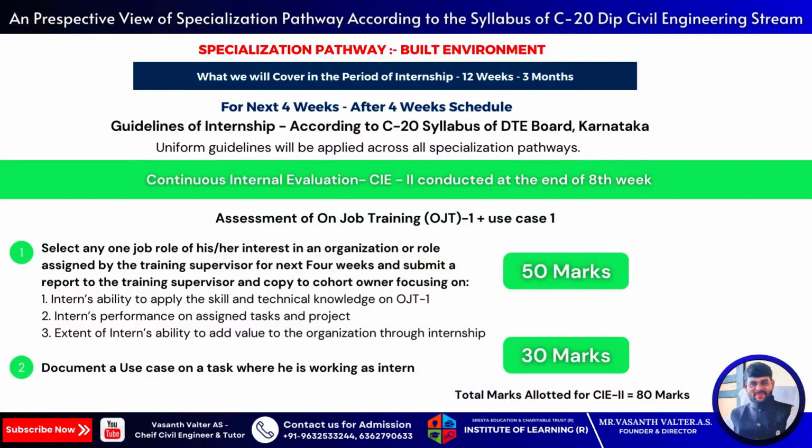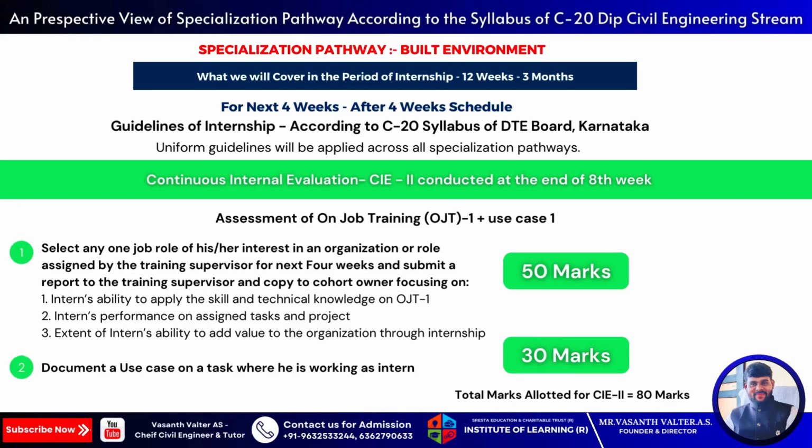case 1. The first point: select any job role of his or her interest in any organization, or a role assigned by the training supervisor for the next 4 weeks, and submit a report to the training supervisor with a copy to the cohort owner, focusing on first, the intern's ability to apply skill and technical knowledge on OJT 1; second, the intern's performance on assigned tasks and projects; and third, the extent of the intern's ability to add value to the organization through the internship.